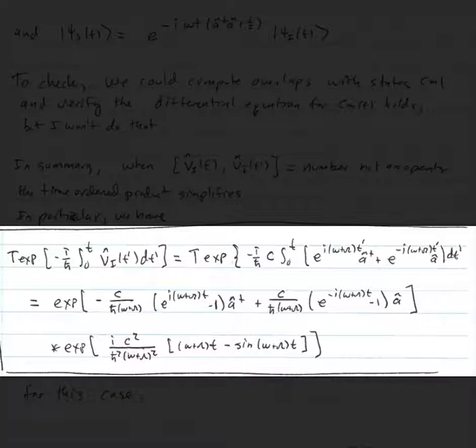And then we have this explicit expression given below: e to the minus c/ħ(ω+Ω) multiplied by e to the i(ω+Ω)t minus 1, the whole thing multiplied by a dagger, plus c/ħ(ω+Ω) multiplied by e to the minus i(ω+Ω)t minus 1 multiplied by a, and then multiplied by this function, exponential of i c²/ħ²(ω+Ω)² times (ω+Ω)t minus sine((ω+Ω)t).